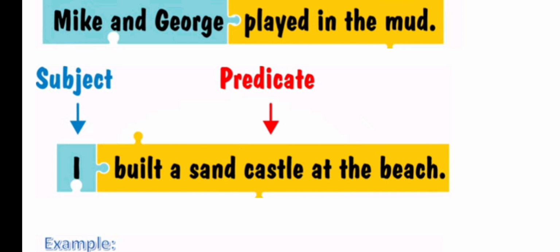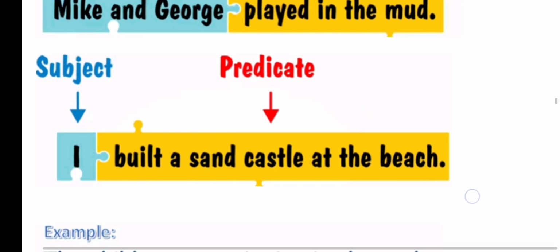That is not a proper noun, but it's a pronoun. But it doesn't matter. In a sentence, the subject can be a noun, a proper noun or a pronoun. So it can be any one of these. But always remember, in the predicate, a verb will be present. So that is the clue for you to find out. With that only, you have to identify the subject and predicate.